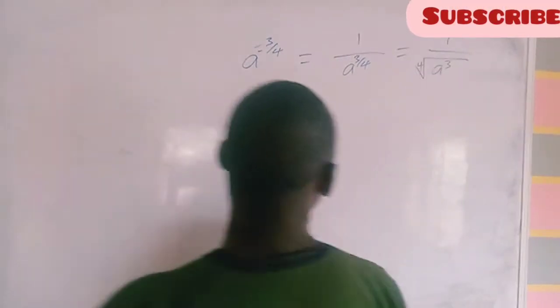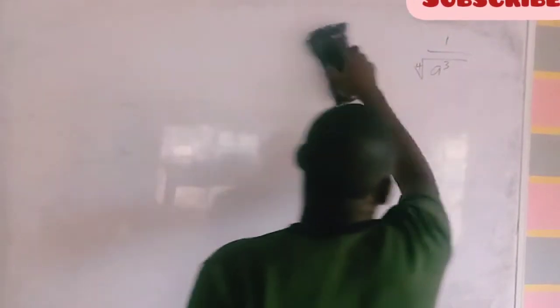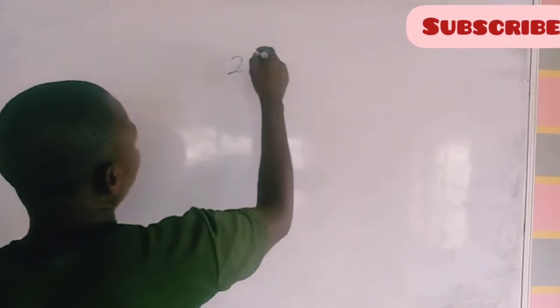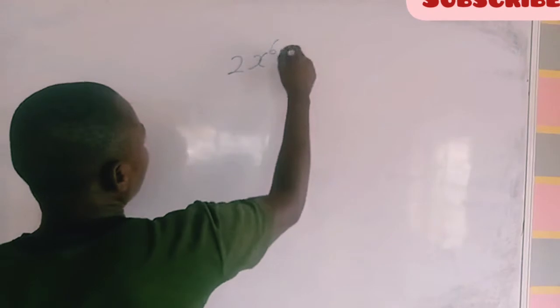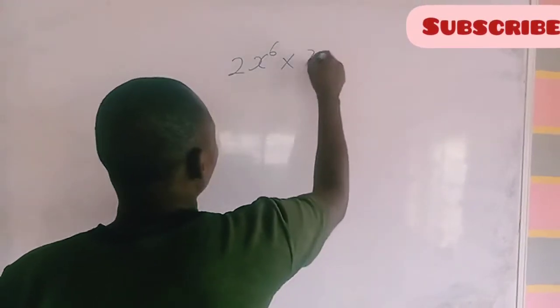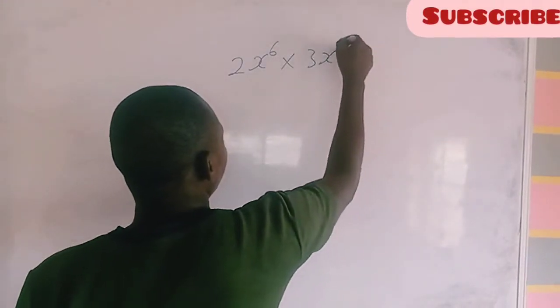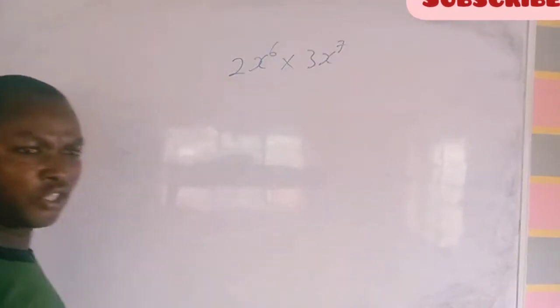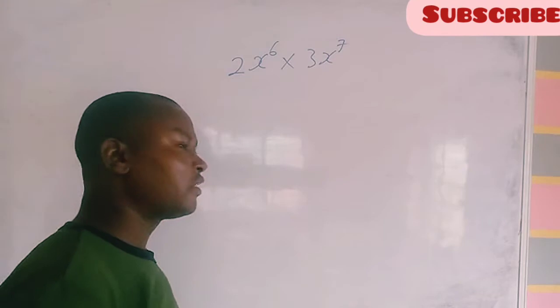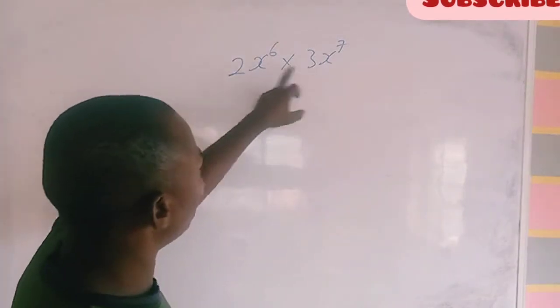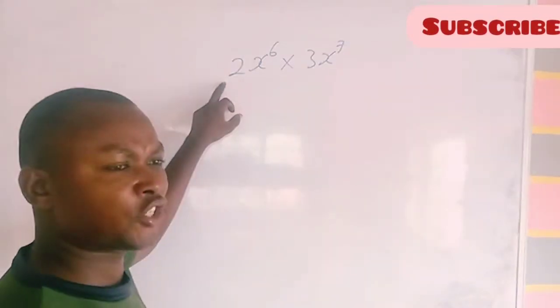We can also have a coefficient, 2x raised to power 6 times 3x raised to power 7. We can have it in this way. So anytime we're having a coefficient, then the coefficients will first of all multiply each other. It's not by addition this time.